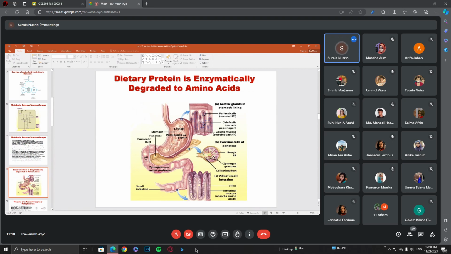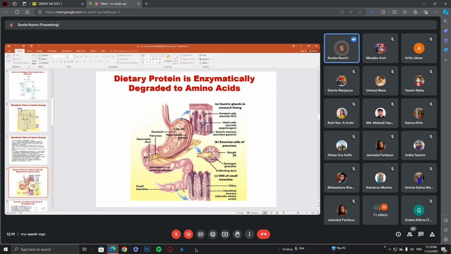In the pancreas there are exocrine cells, and exocrine cells have granules called zymogen granules, and eventually those granules secrete the zymogens into the small intestine, and the function of the zymogen is to activate proteases. Proteases are enzymes which degrade protein.